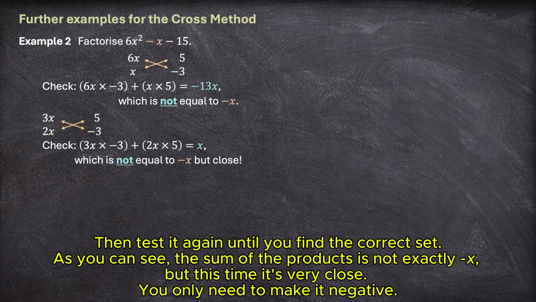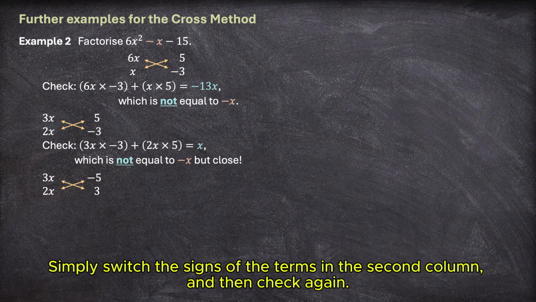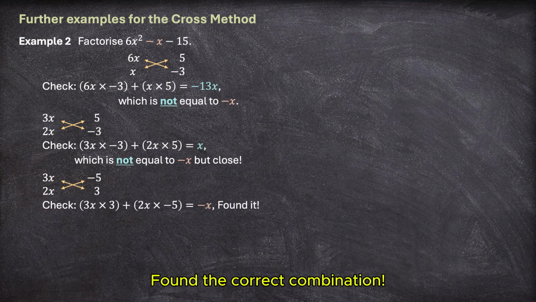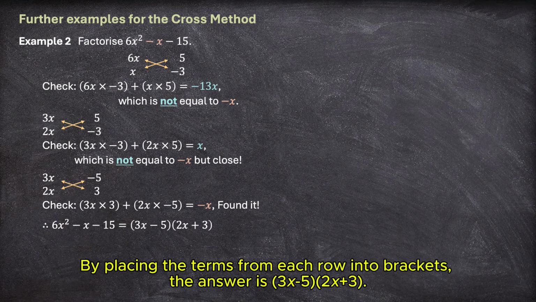Then test it again until you find the correct set. As you can see, the sum of the products is not exactly minus x, but this time it's very close. You only need to make it negative. Simply switch the signs of the terms in the second column and then check again. Found the correct combination. By placing the terms from each row into brackets, the answer is (3x - 5)(2x + 3).